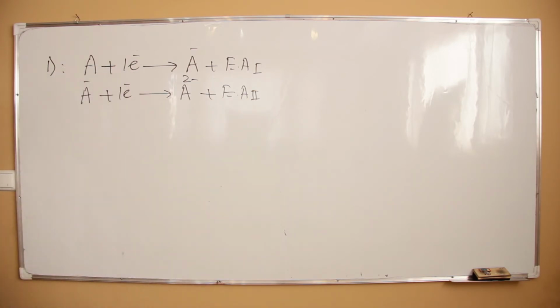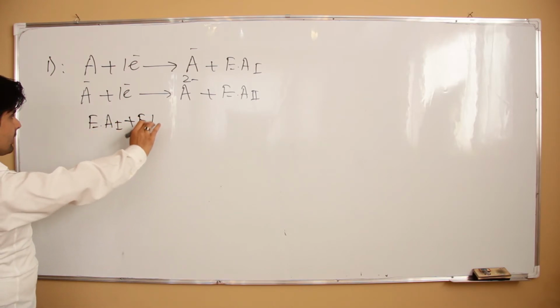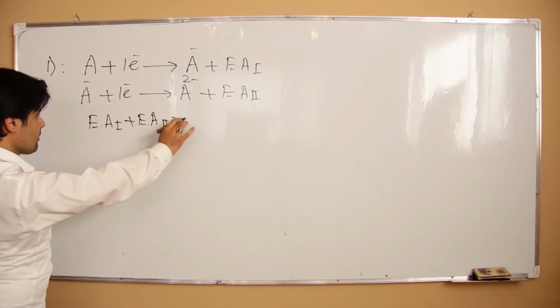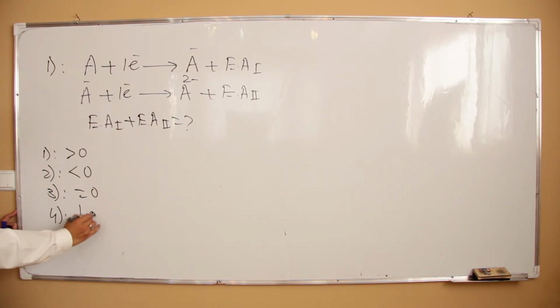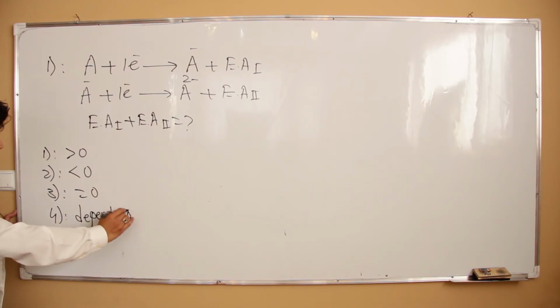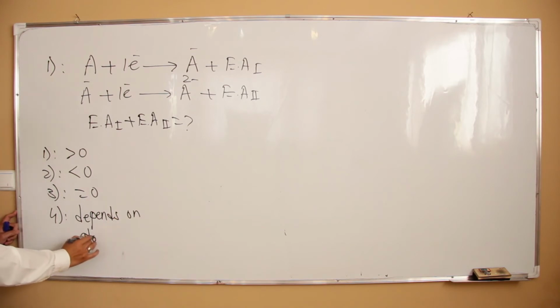Now I'm asking what the summation of electron affinity first and electron affinity second is. Number 1, greater than 0, number 2, smaller than 0, number 3, equal to 0, and number 4, depends on the atom.